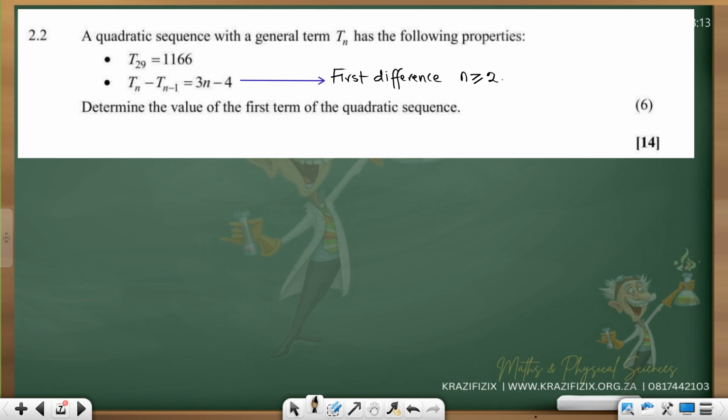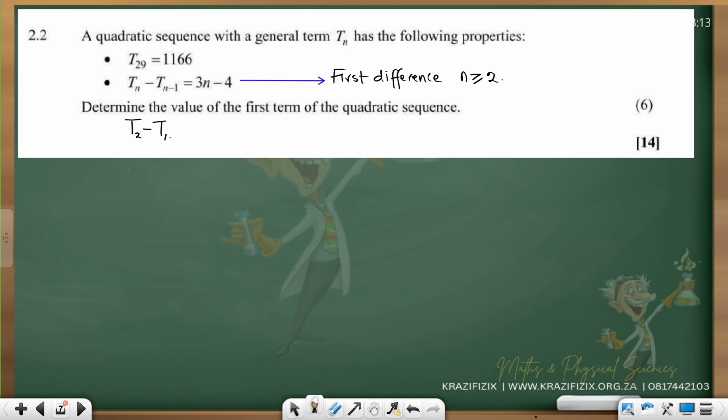Please take note. Don't substitute n as 1. Because if you substitute n as 1, you know what you're saying? You're saying t1 minus t0. The question is, do we have a t0? No. But if you substitute n as 2, what are you saying? t2 minus t1. Does that make sense?